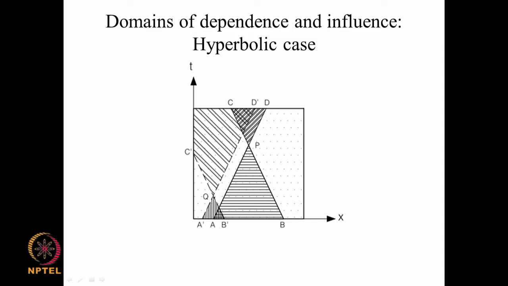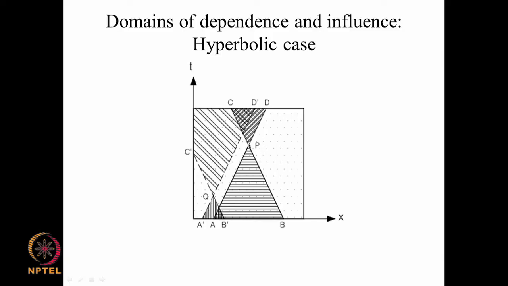Okay. For Q it is different, and not only that, if you extend these lines further, the value of the solution at point P influences the values further downstream, but not all points here, only within the triangle PCD.